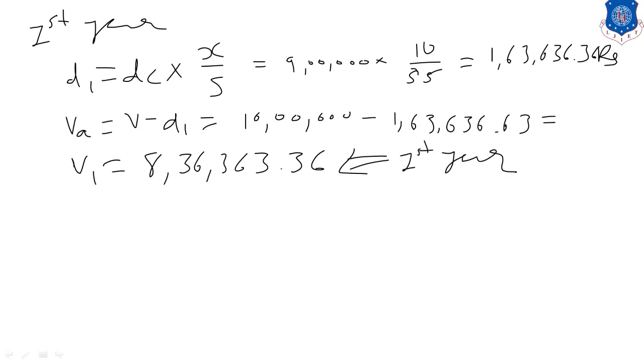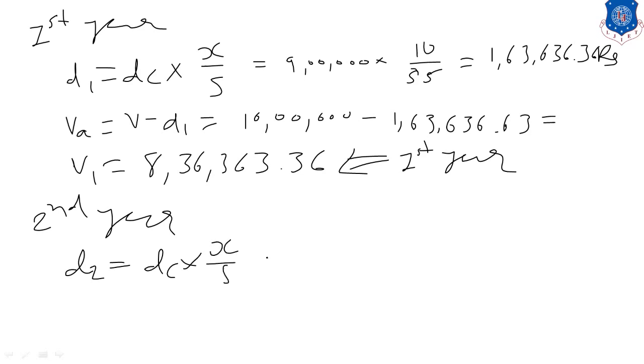Now we have to calculate similarly for the second year. For the second year we have to find D2, which can be given by DC multiplied by X upon S. DC is 9 lakh rupees, multiplied by the remaining years for the second year, which is 9 years because the service life is 10 years, upon the sum of the digits, which is 55.